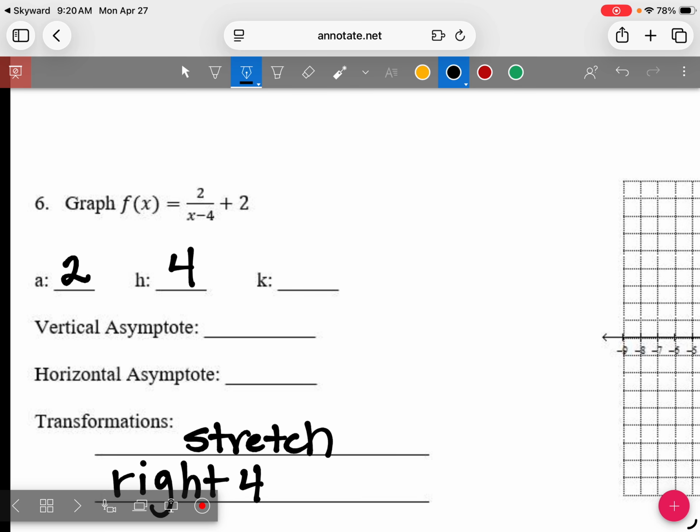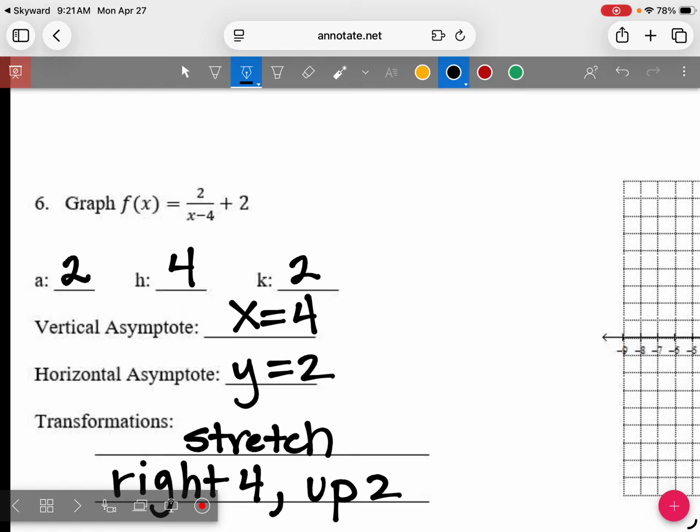So that means my first line that I'm going to draw in is at x equals 4. K is 2, which means it's going to move up 2. That's y equals 2. So pick up your color pencils, draw one line at x equals positive 4 and another one at y equals positive 2.